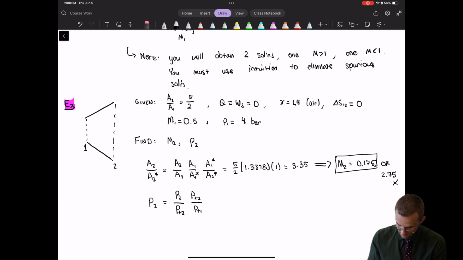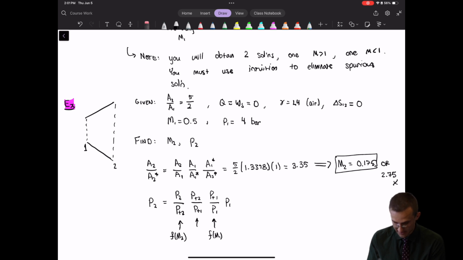And that PT1 over P1 times P1. You can see everything cancels here to give you P2. This one is a function of M2, which we can look up in the table. Likewise, this one is a function of M1, which we can look up in the table, and this is equal to 1 because the transition from 1 to 2 is isentropic.